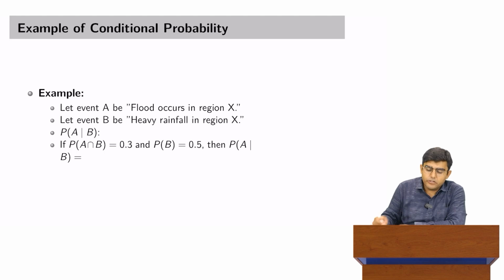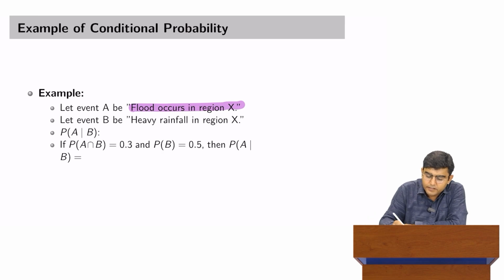Again, to give an example in the context of flood, let us say my event A is that flood occurs in region X, and B is that there is heavy rainfall in region X. When I talk about probability of A intersection B, I know the value as 0.3 based on certain data estimates that I have.